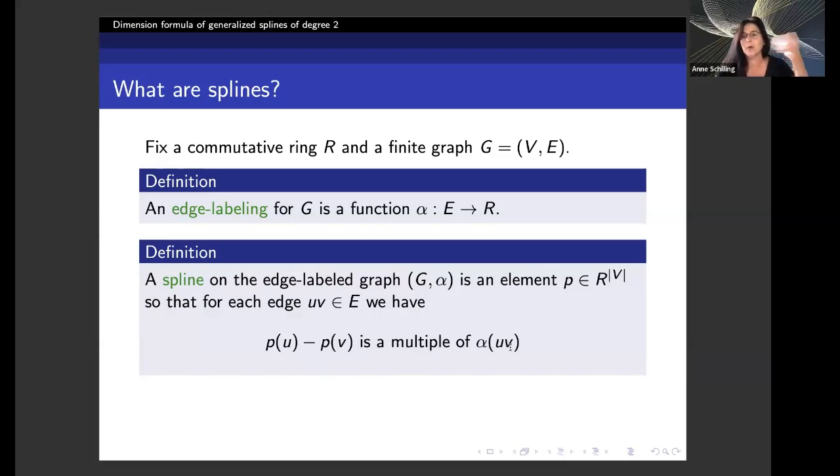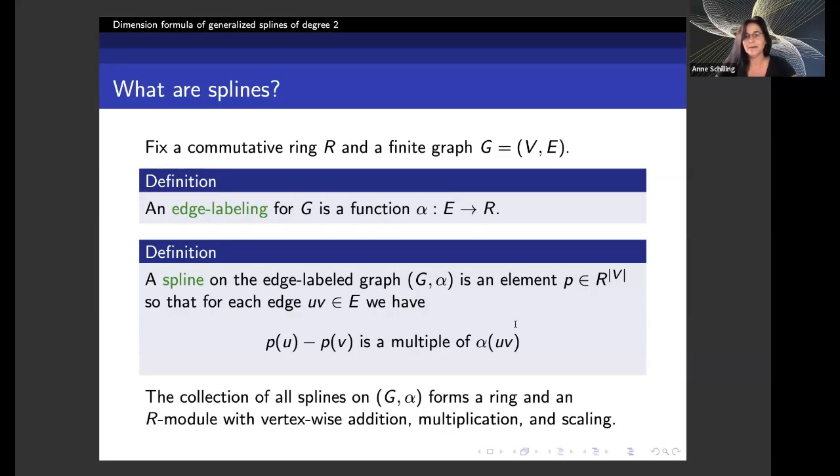By multiple I mean over the ring. So that's our definition. The collection of all splines forms a ring, and you can also think of it as an R module if you do vertex-wise addition, multiplication, and scaling.